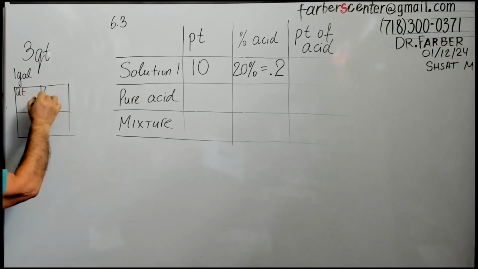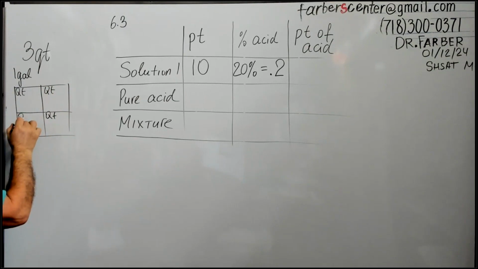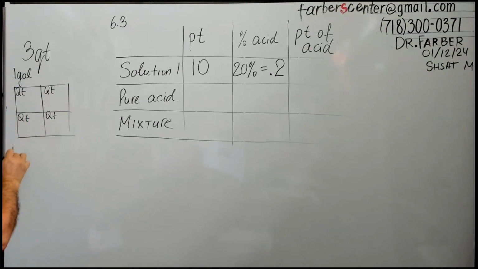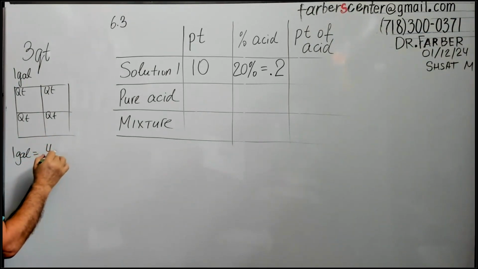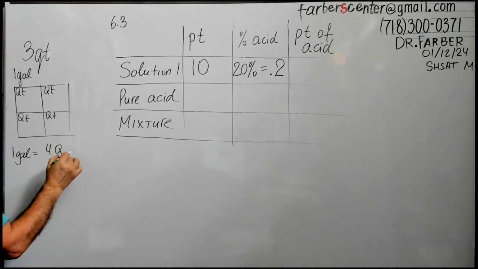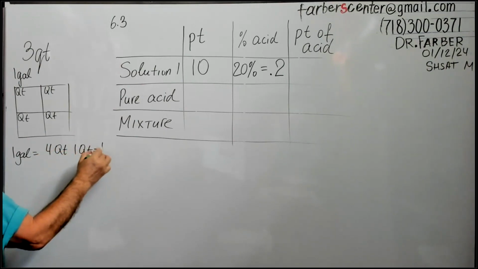A quart is 1/4. So 1 gallon equals 4 quarts. Or 1 quart equals 1/4 gallon.